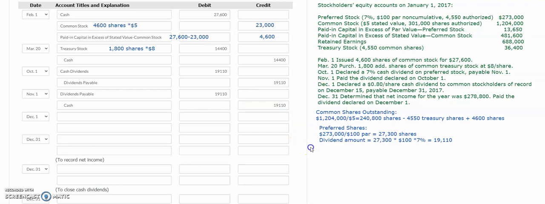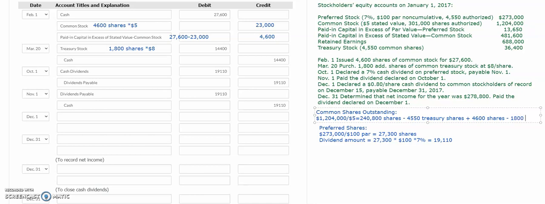And then now we're going to get to December 1st, where we're going to declare an 80-cent cash dividend to the common shareholders of record. So I need to take a moment here and figure out how many shares I have outstanding. So I was keeping track of my number of shares.